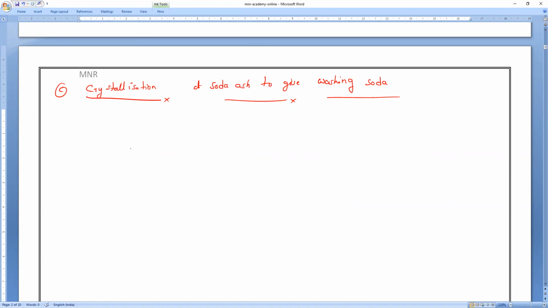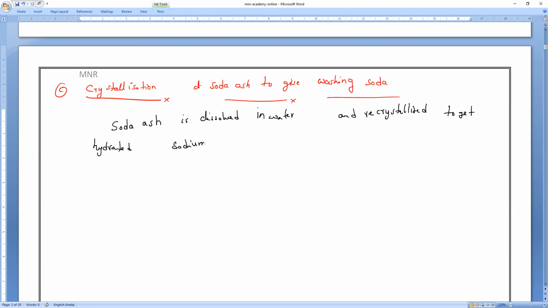The soda ash, or anhydrous sodium carbonate, is dissolved in water and recrystallized to get hydrated sodium carbonate.